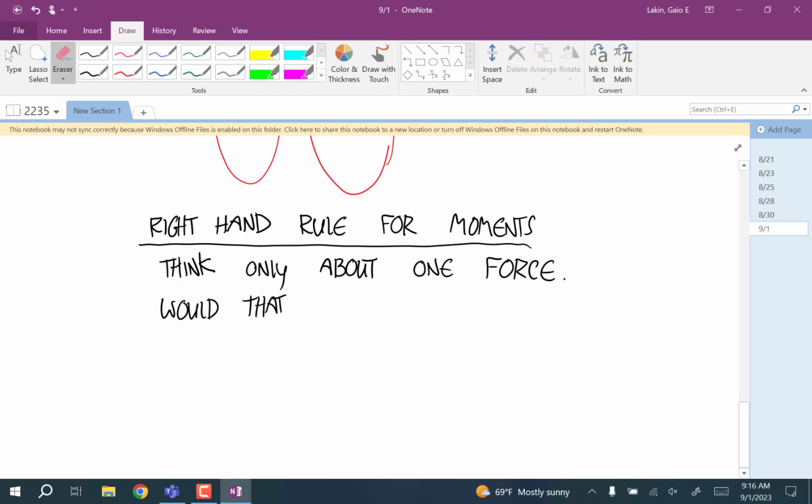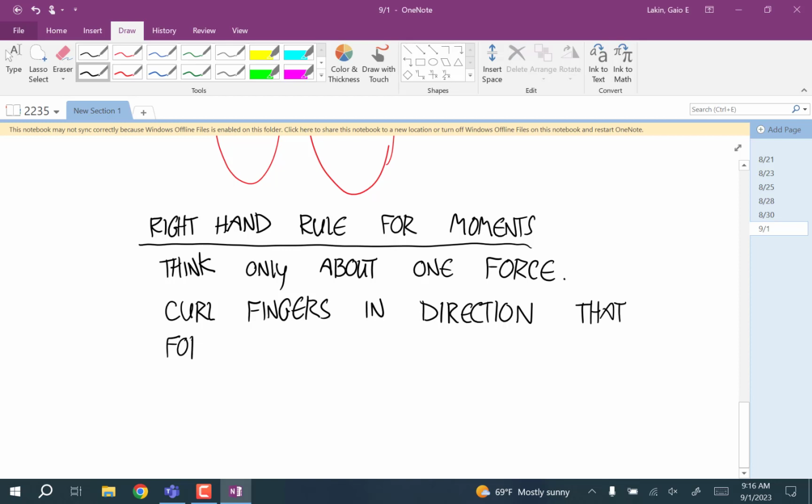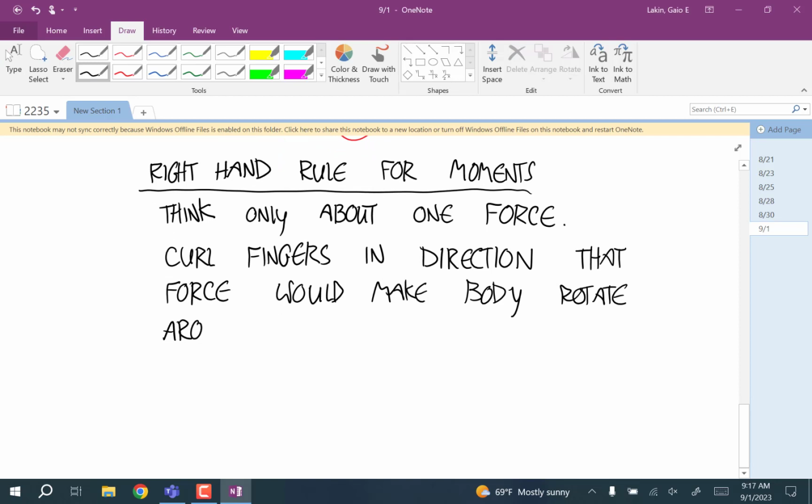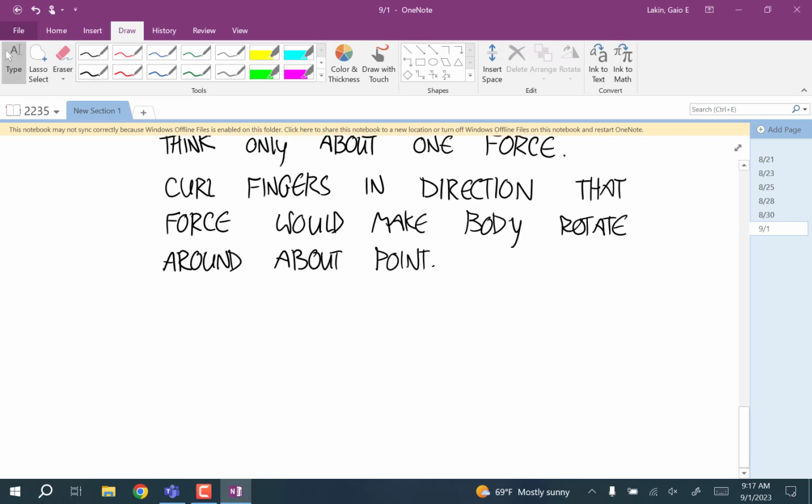I know you can't do this on your paper. Curl your fingers in the direction that force would make the body rotate around the about point. Then your thumb is in the direction of the moment vector.